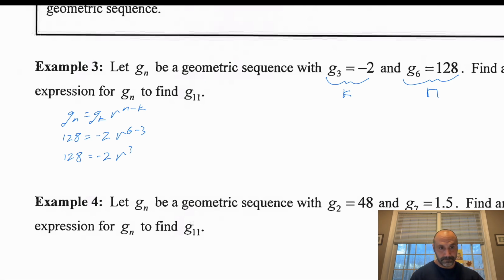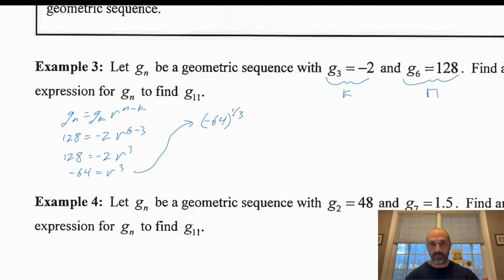So now I'm solving, so I divide both sides by negative 2, and I get negative 64 equals r to the third power. So I'm going to take the cubed root of negative 64. The cubed root, I like to write it as something to the 1/3 power, if I can write it the right way.